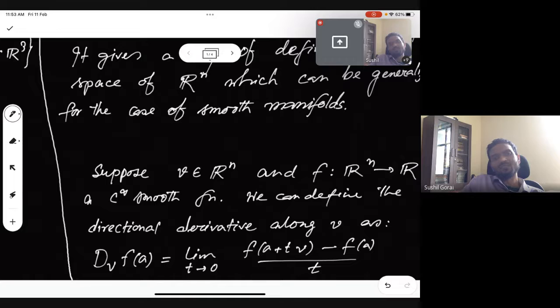This you have seen in your calculus in Rn or analysis 3 course, right?